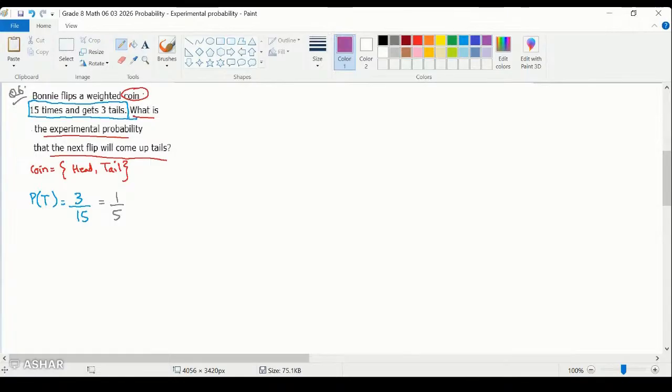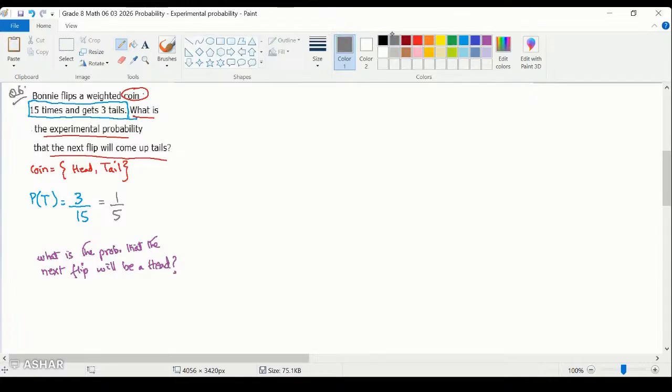But if they say, what is the probability that the next flip will be a head? So how can we find the next flip as a head?